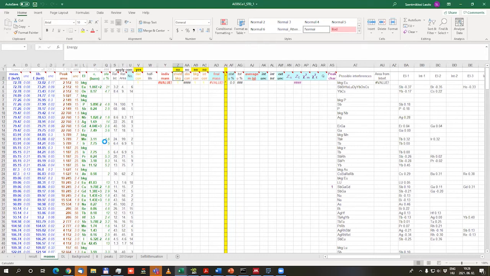For all the 600 analytical lines we identified. Of course, some of these lines are background lines, where you see here this BKG, and they are also corrected or identified. And there is also a way to handle interferences.